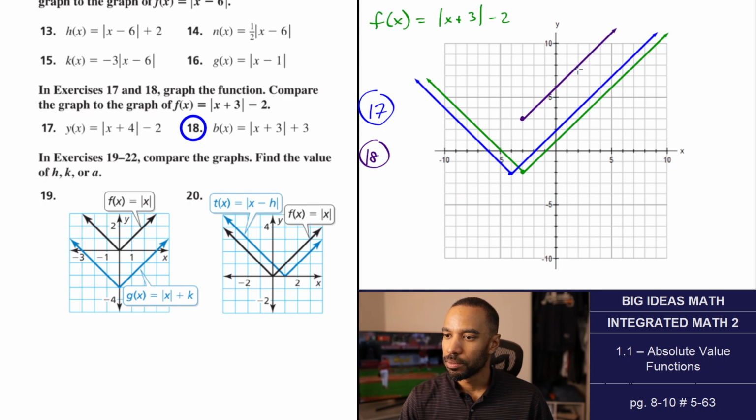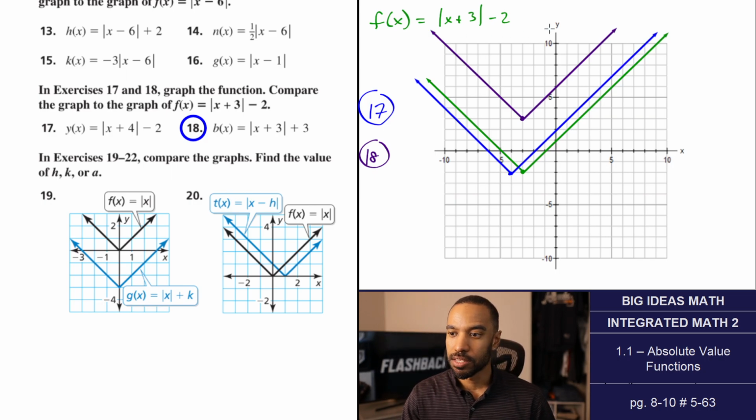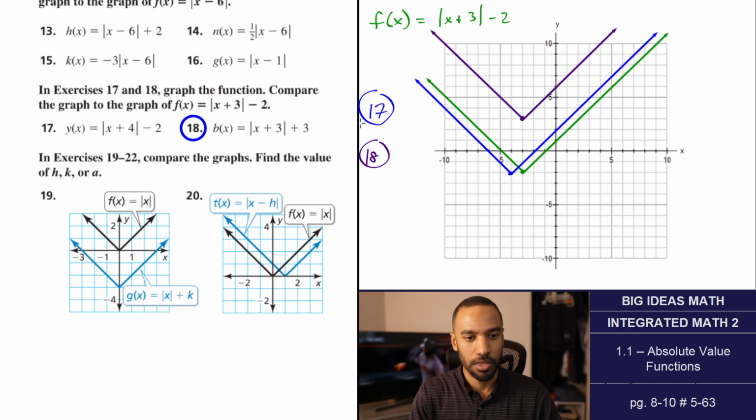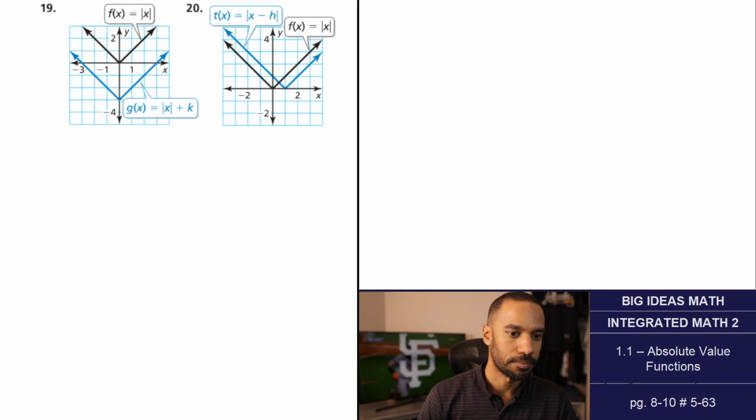So it looks like so. Compared to green, translate how many units up from green? 1, 2, 3, 4, 5. From -2 to 3, translate 5 units up. And those are the differences. That's what we're doing. Okay, let's move on to numbers 19 and 20.